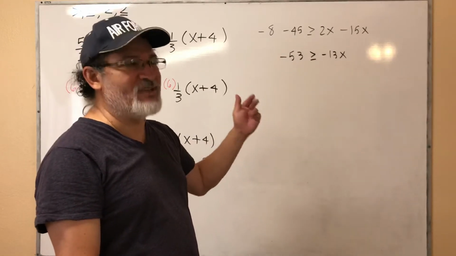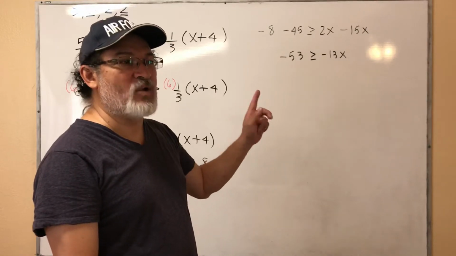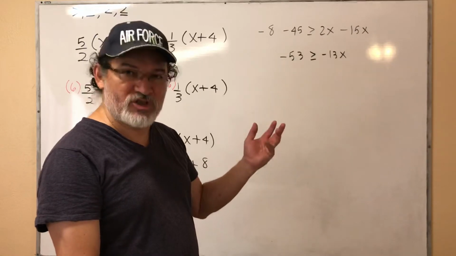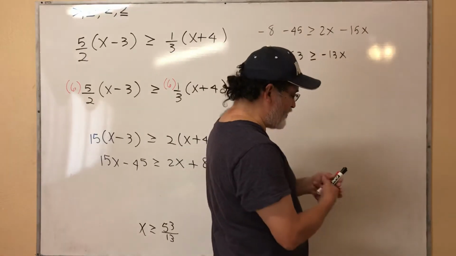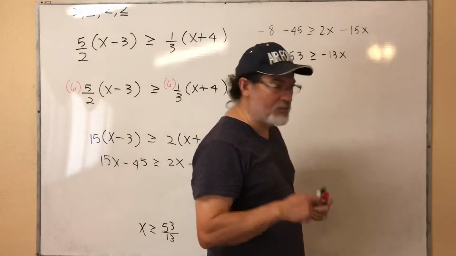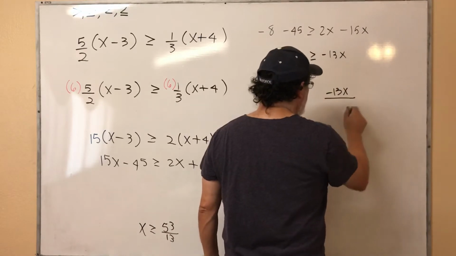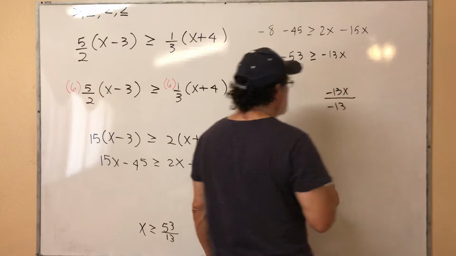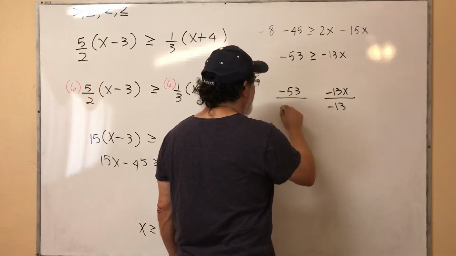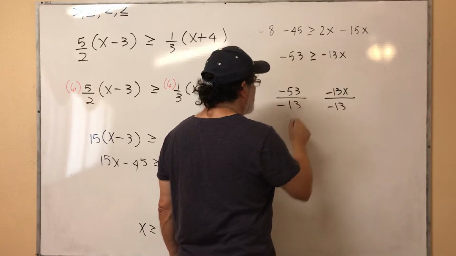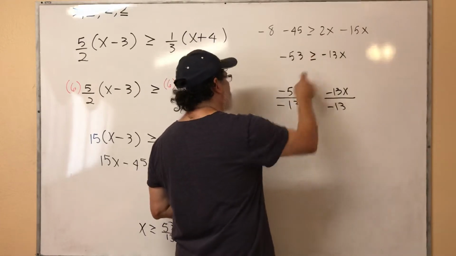And because we divide both sides by a negative, the inequality symbol is going to reverse. So divide this by a negative. Let me rewrite it. Divide by a negative. What happens to the symbol? It reverses.